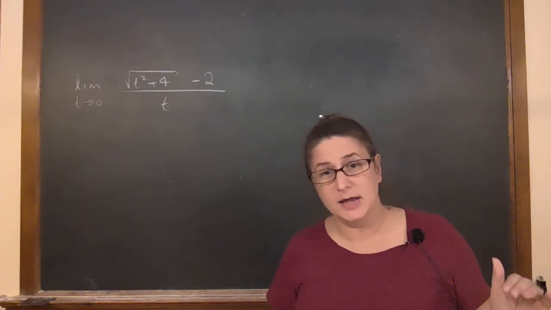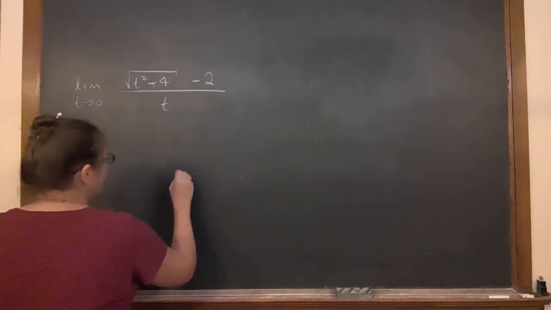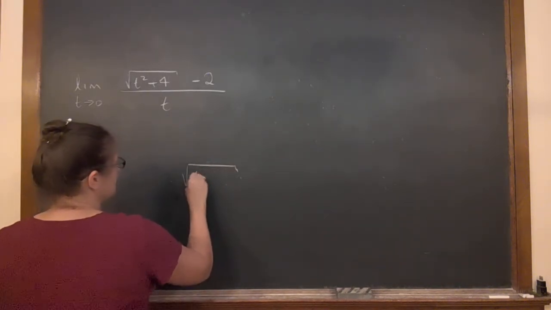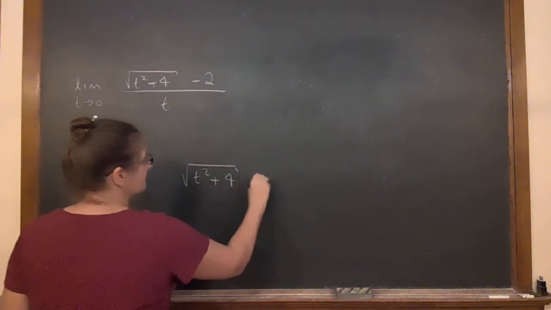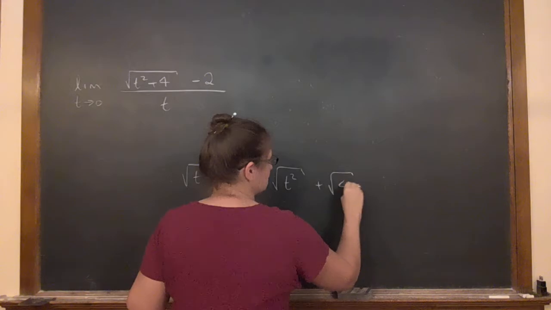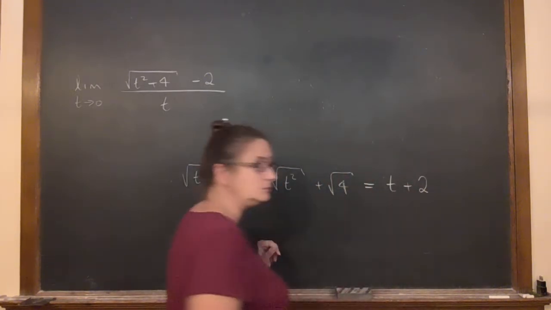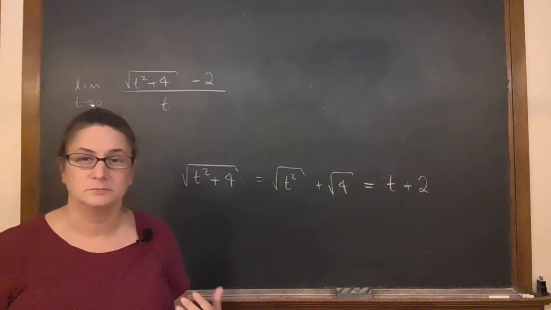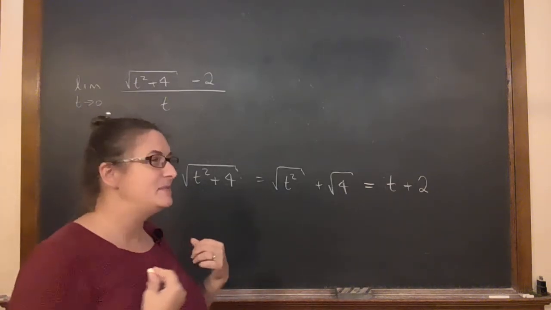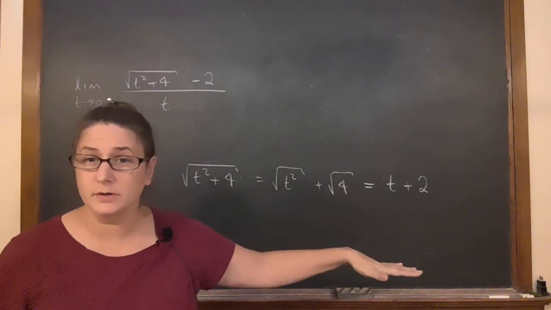Let me ask you, what would happen if I did this? Well, I would never do this because this is wrong, right? But oftentimes students make this mistake with square roots.